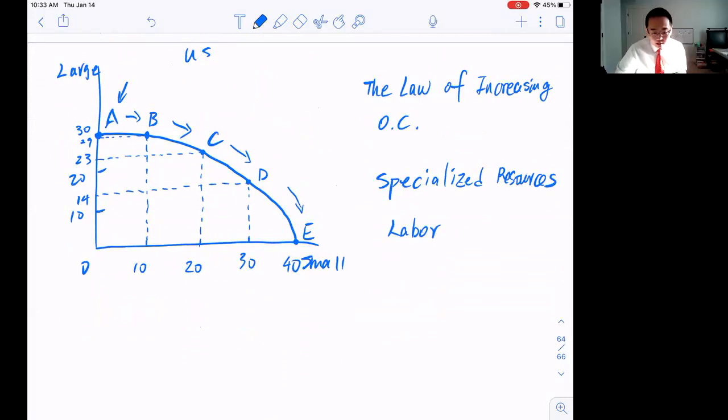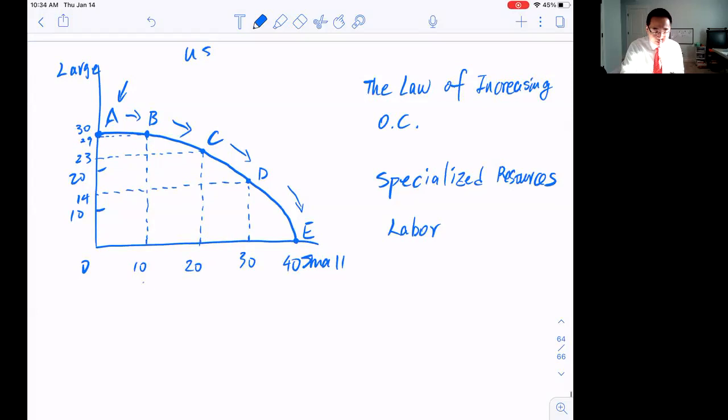Well, you should be using calculus, but this class doesn't require calculus as a prerequisite, so you will not be using calculus. The most common way is I would ask you something like, what would be the opportunity cost of the 25th small airplane? And then you say, okay, the 25th is between 20 and 30 right here.